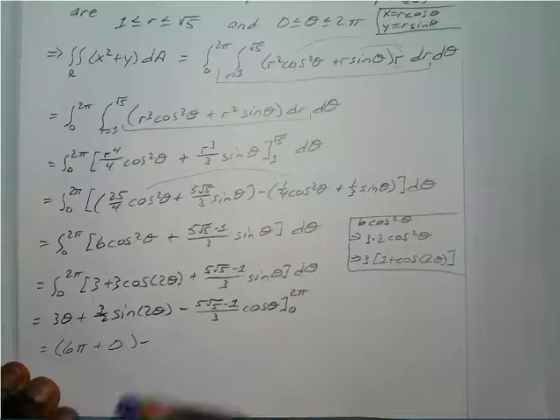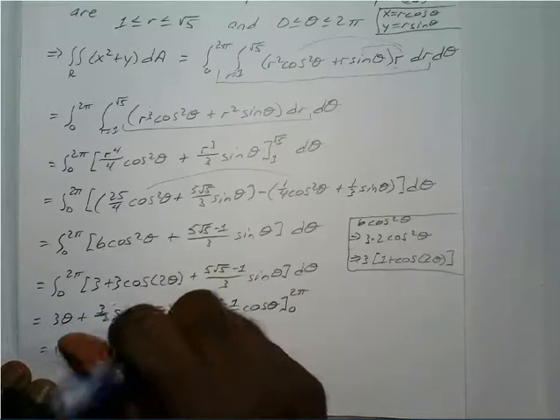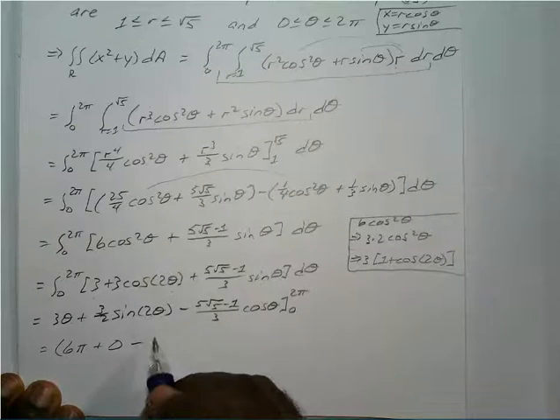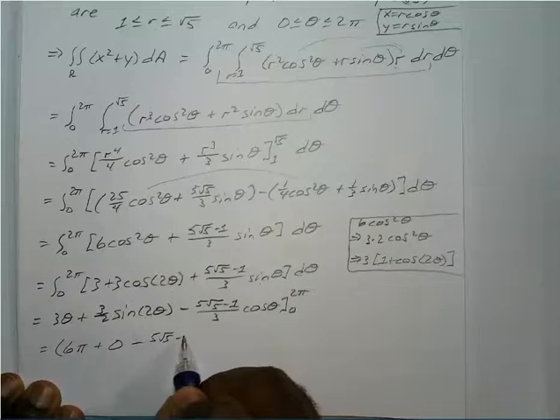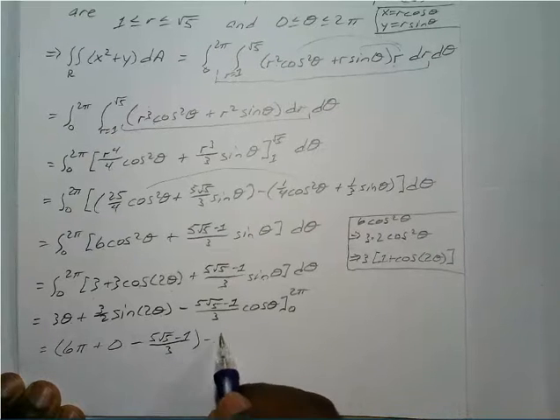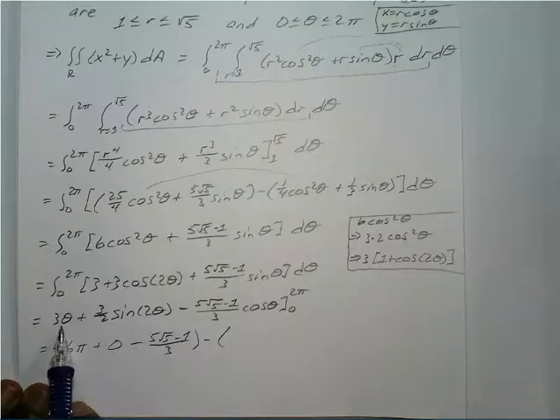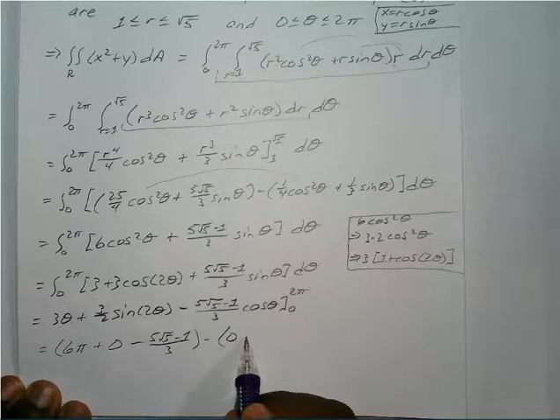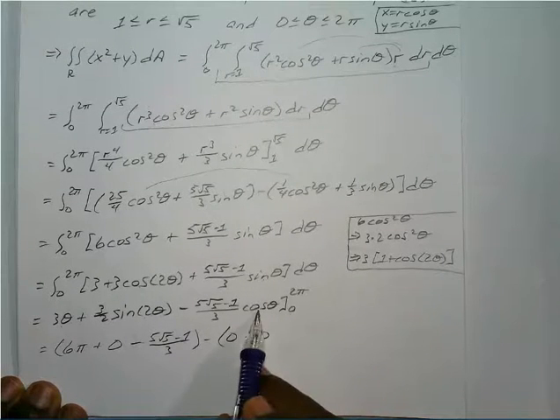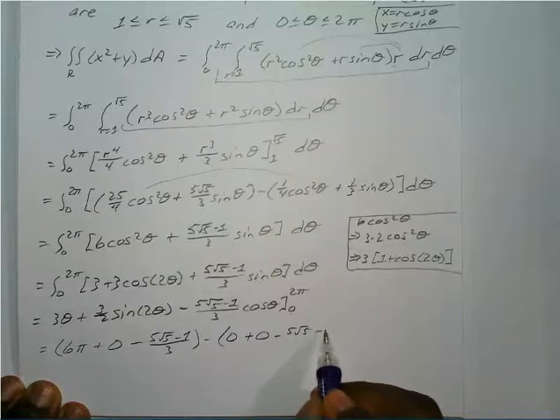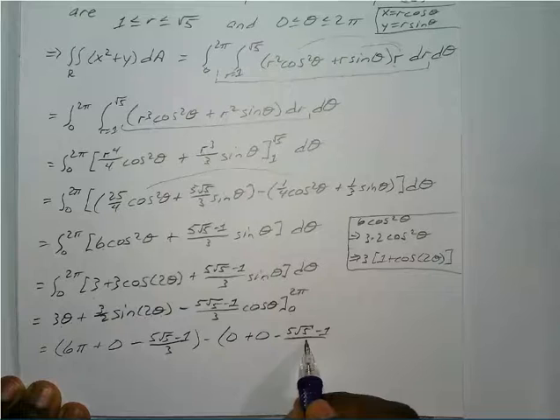Oh, forgot my minus 5 square root of 5 minus 1 over 3 times cosine of 2 pi, which is just 1, minus, plug in 0 here, you get 0. Plug in 0 here, you get 0. Plug in 0 here, you get 1. So that's minus 5 square root of 5 minus 1 over 3.